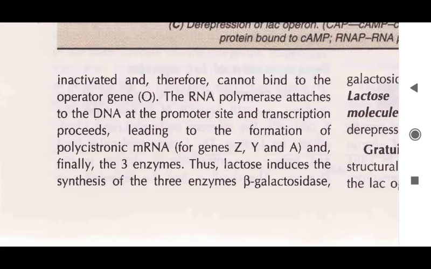Ultimately, RNA polymerase attaches to the DNA at the promoter site and transcription will proceed, leading to the transcription of lac Z, lac Y and lac A, which will ultimately produce these three enzymes that will deal with the lactose.